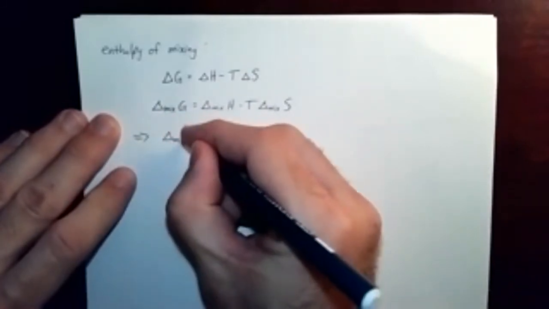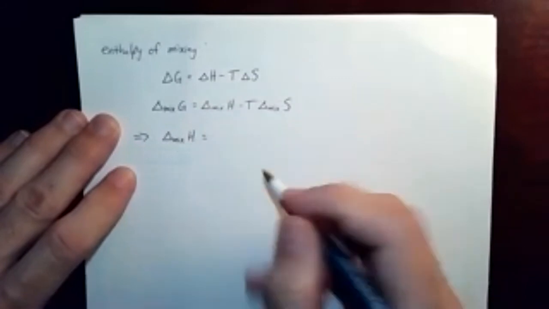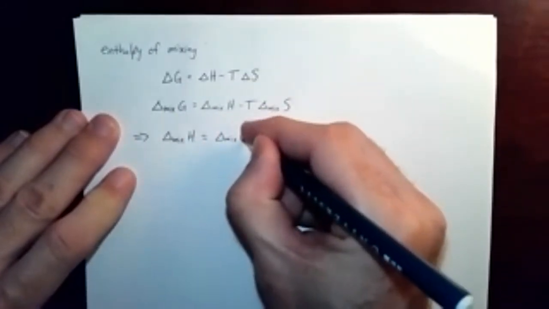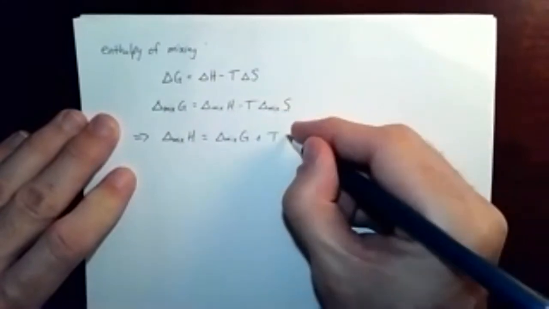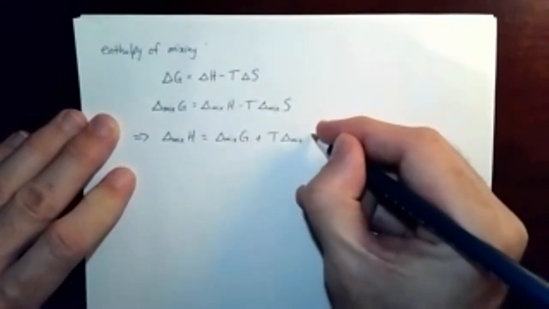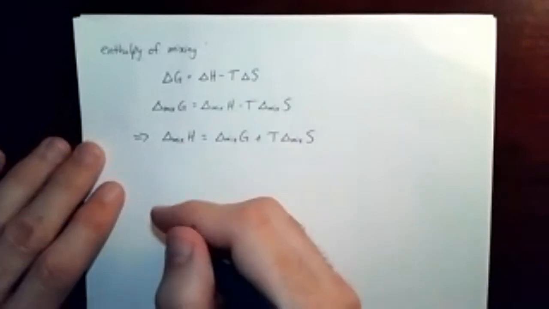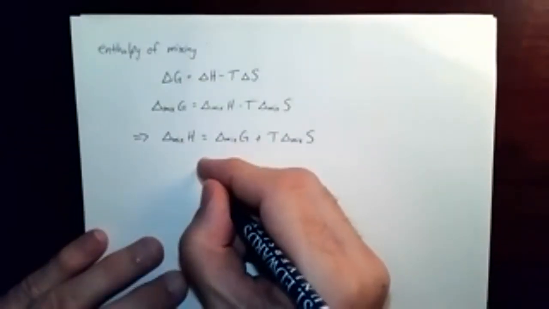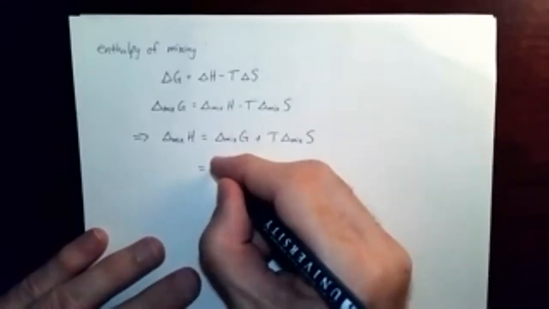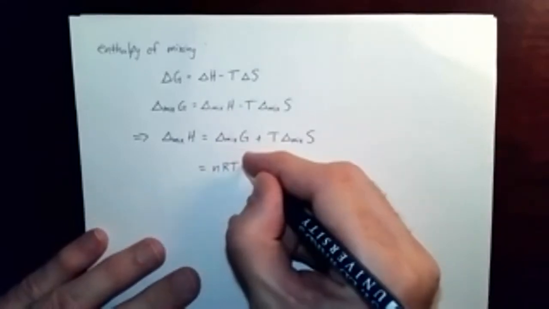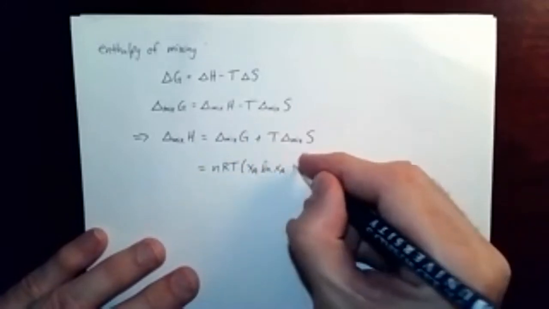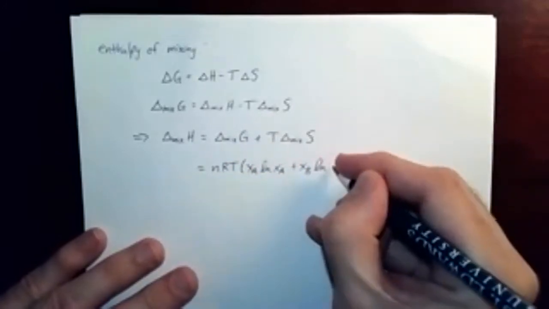So delta mixing H is going to be delta mixing G plus T delta mix S. All right, and see what we get. Delta mix G we saw was nRT XA ln XA plus XB ln XB.